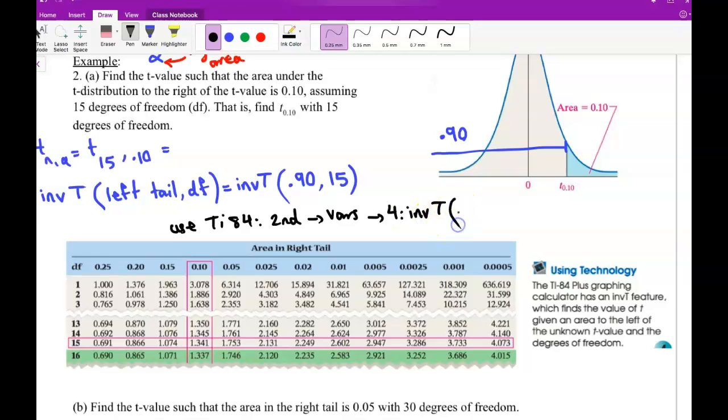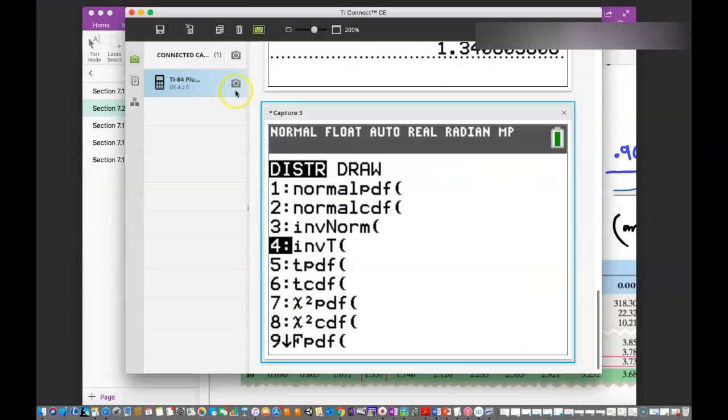So we have area, degree of freedom. So press second, then scroll down, inverse t, enter. Now area is 0.90. Okay, let me take a picture of these steps.